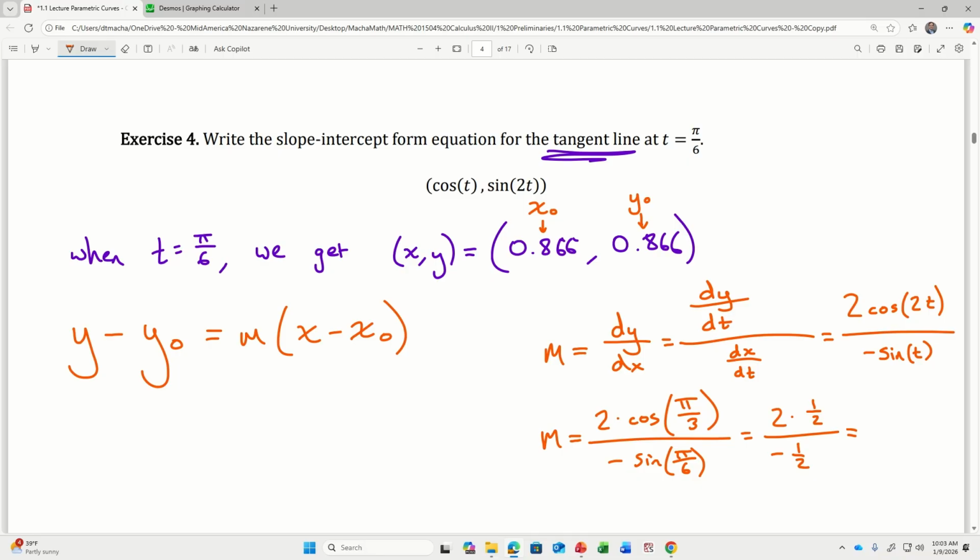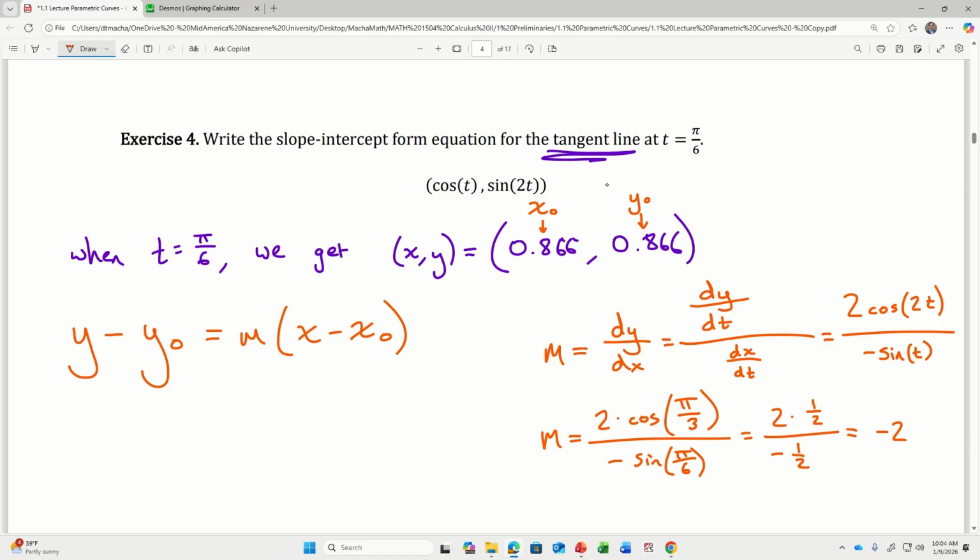It'd be negative 1/2. Try again. Oh wait, shoot. Yeah, the halves cancel, and you're left with negative 2.